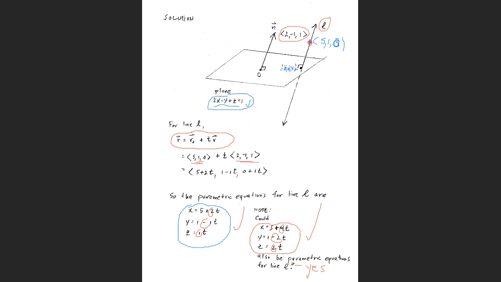Okay, so now we have these parametric equations, and let's work with the ones on the left. Given those parametric equations, as t varies, we get different points, and all these points trace out a line in space.